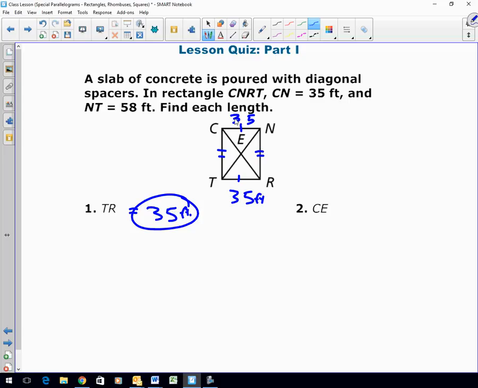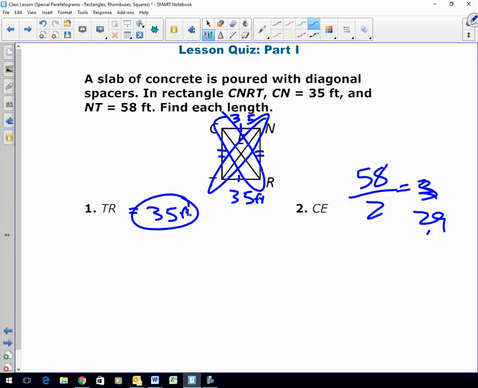So NT is congruent to CR. What is NT here? 58. Why am I dividing it by 2? Because it's half. So it should be what? Yeah, 29. 29 what? Okay, 29 feet. Any questions on that? Just definition, straight up. Next one's hard.